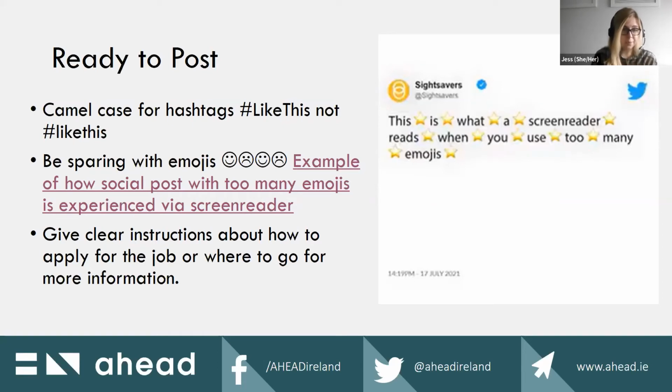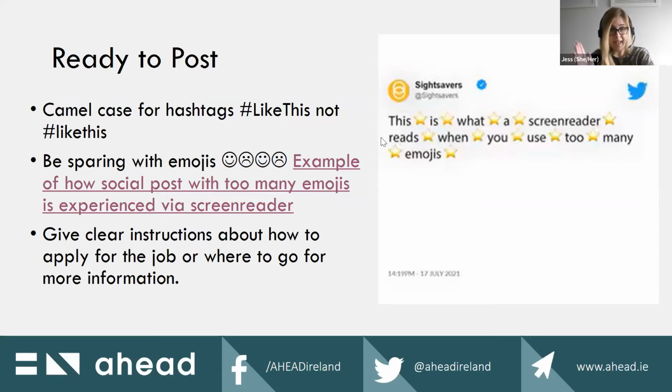Don't use too many. And definitely don't use loads interrupting text, as I've indicated here with this example post on the right from SciSavers, because it's very confusing. We'll often see this with a meme where there's clapping emojis between words. It's very confusing for someone using a screen reader to understand. So just be careful with your emojis.